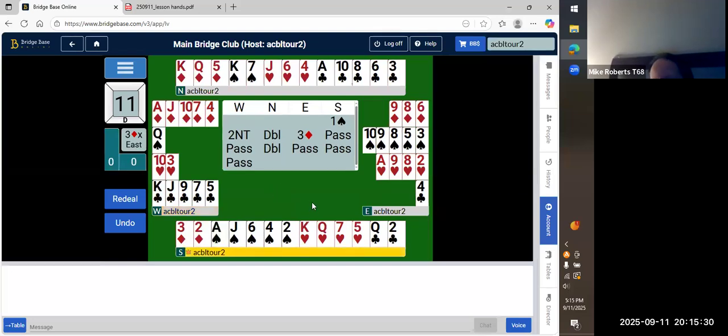What should we lead? This is true especially against unusual 2-no trump, but against any situation where they've shown 2 suits on one hand, and the other one has taken a solid preference to one of the suits. You want to try and stop them roughing the other suit as best you can.